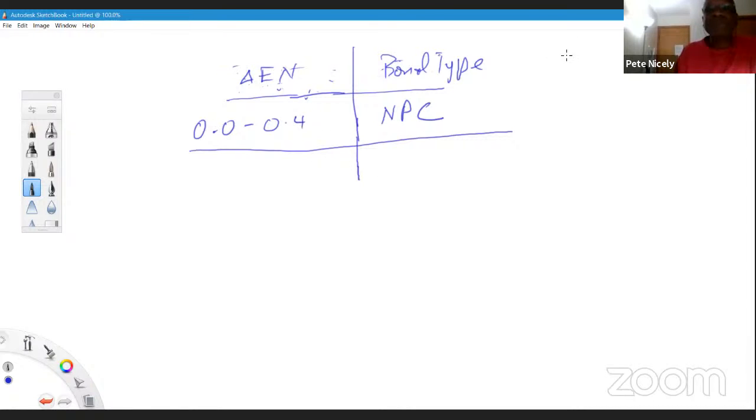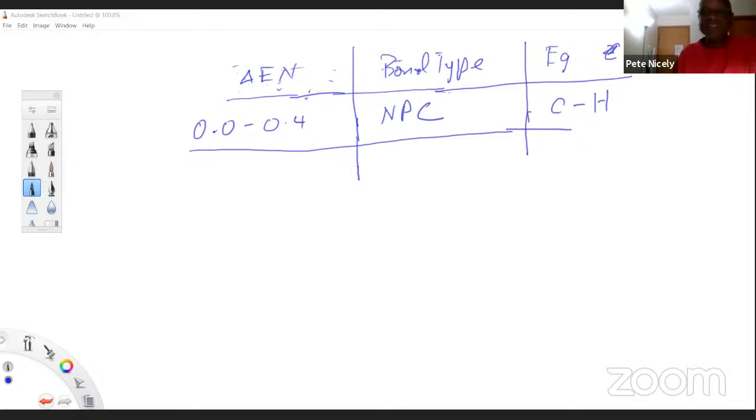A good example is carbon to hydrogen. So let me create another column here with examples. A carbon to hydrogen bond is essentially nonpolar because, if I remember correctly, and let me go back to the PowerPoint to find the table, carbon is 2.5, hydrogen is 2.1.